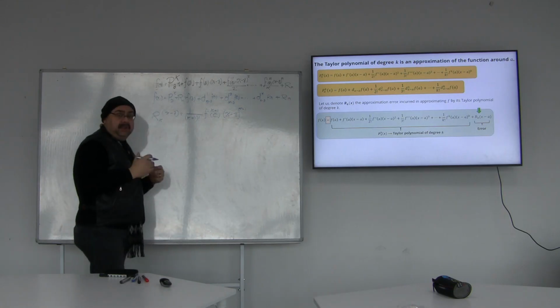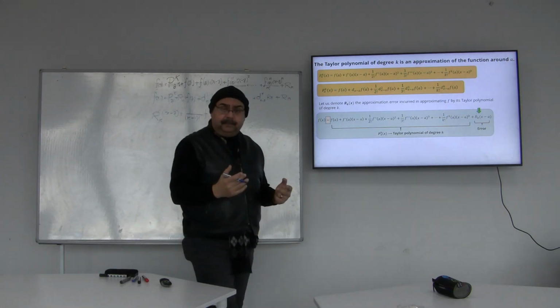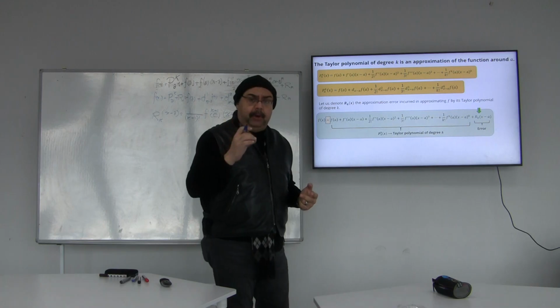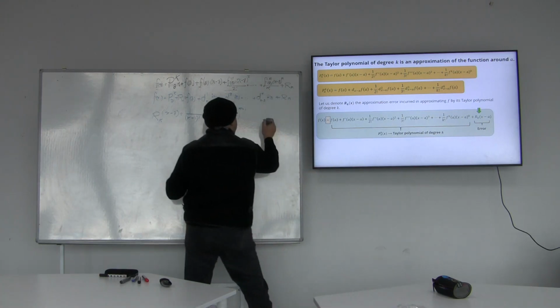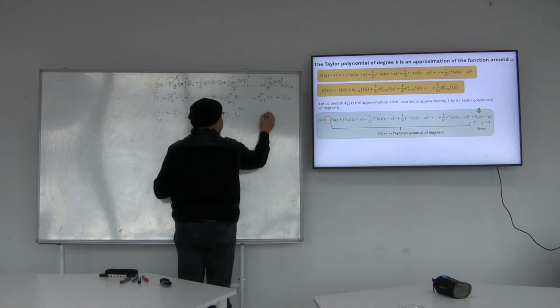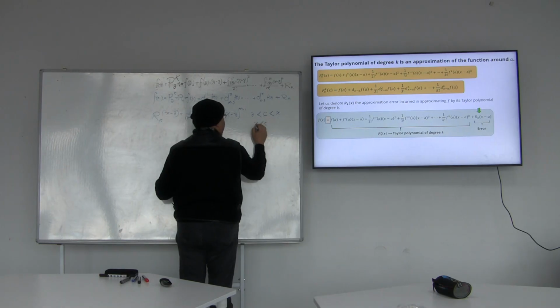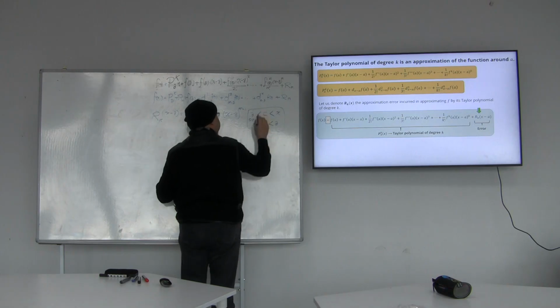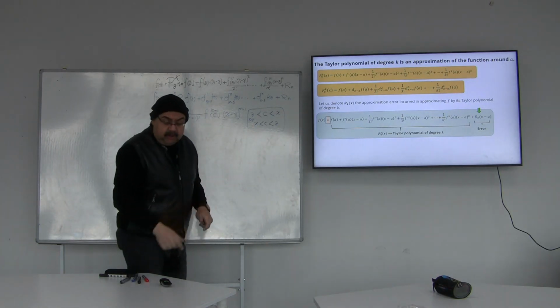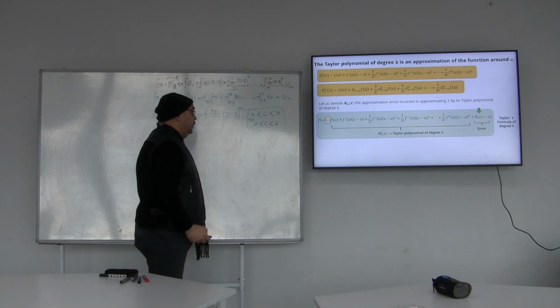So actually it is the term k plus 1, but at the value c, where c is less than x and greater than a, or c is greater than x and less than a. Either of these two cases will be sufficient. So this is for the remainder term.